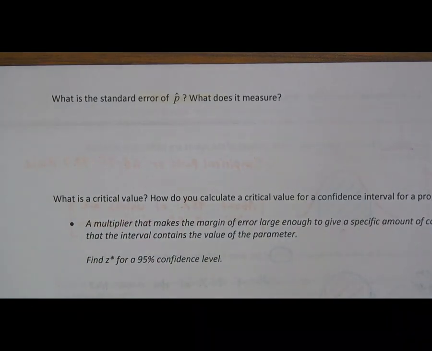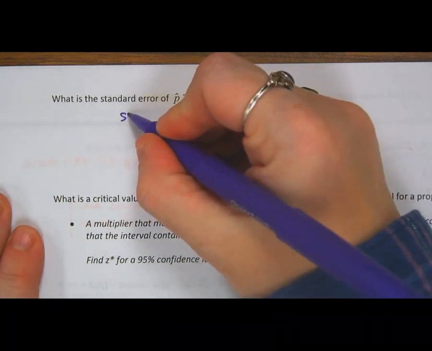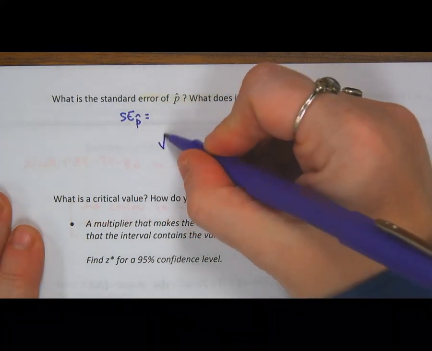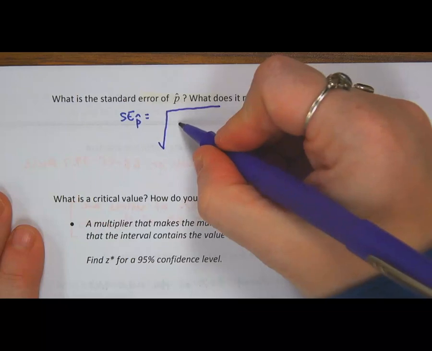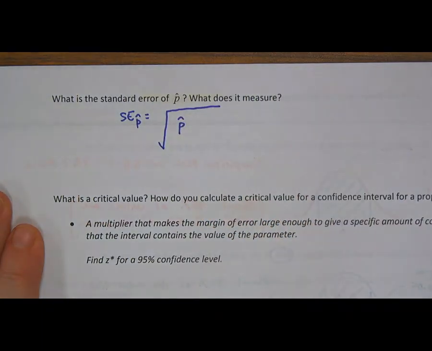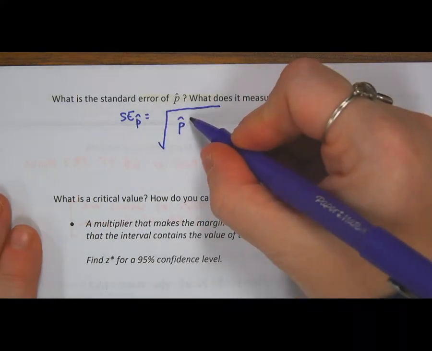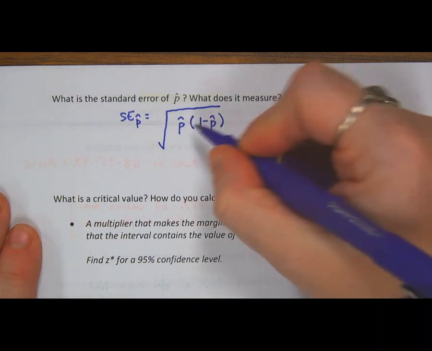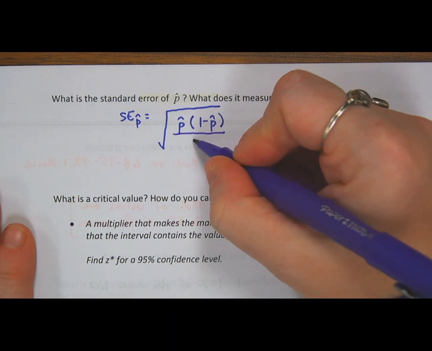So the standard error of p-hat on the back of the formula chart says standard error of p-hat equals the giant square root of p-hat times 1 minus p-hat, all divided by n.